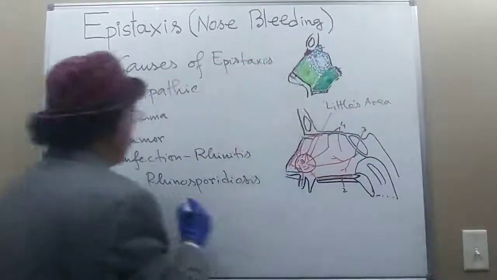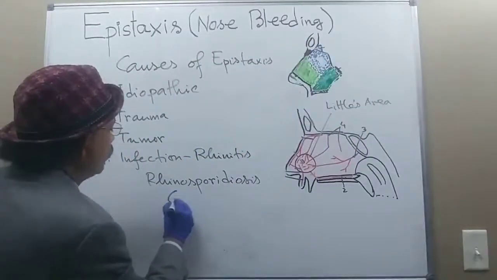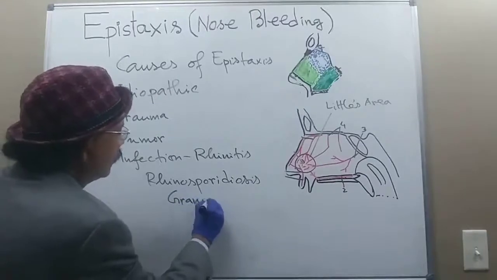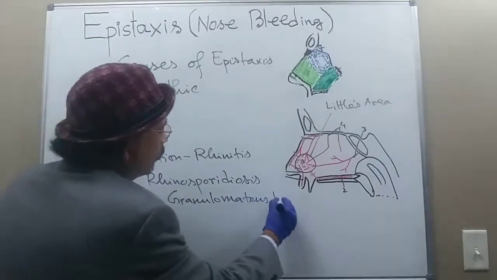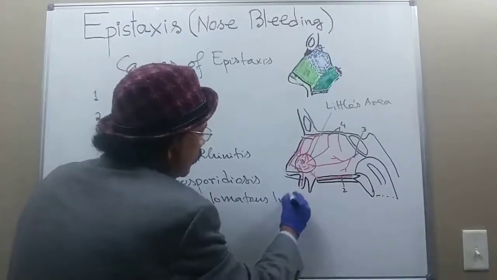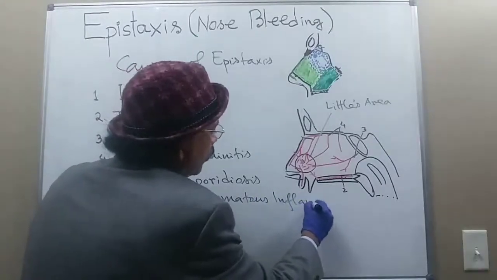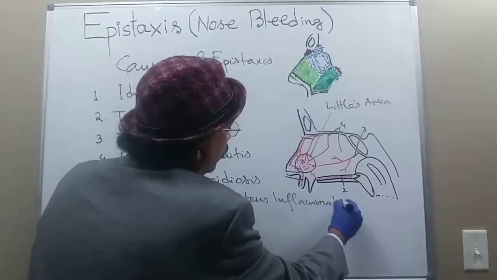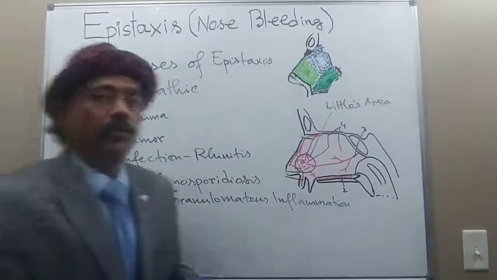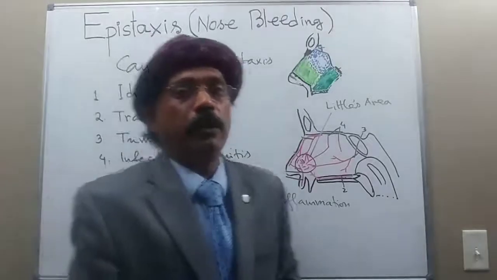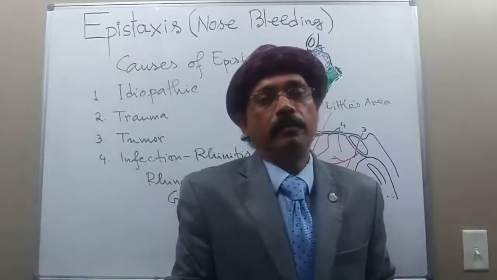That is a granulomatous inflammation, and it contains giant cells. Rhinosporidium seeberi is the causative agent.